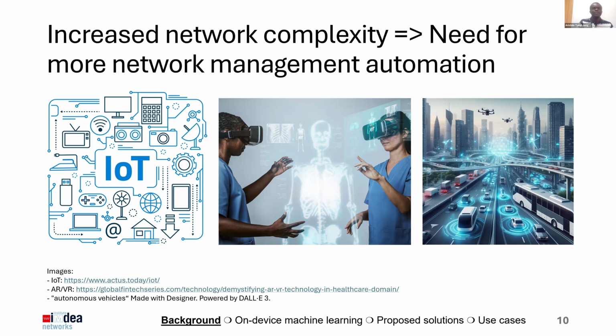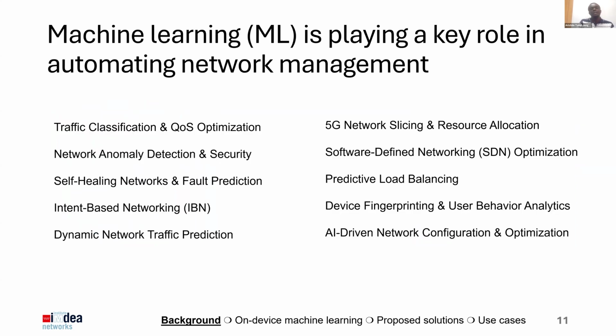All of these things bring a large amount of traffic into the network, and this increases the complexity of the network such that to manage it efficiently, we need a lot more automation in network management. And like in every other research area today, machine learning is playing a very important role in automating network management.